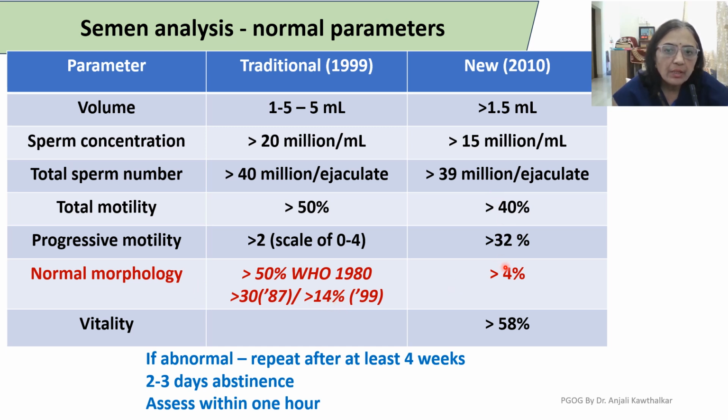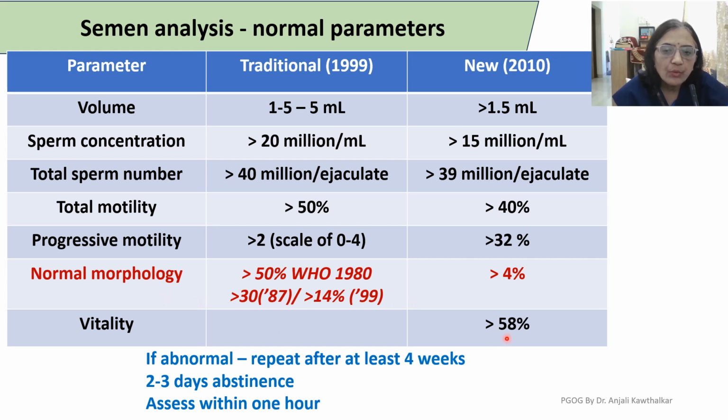Now in 2010, greater than 4% having normal morphology is also considered normal, as more and more advances in the management of male infertility are taking place. With that, there is a reduction in the necessity to have a number of sperms with a normal morphology.